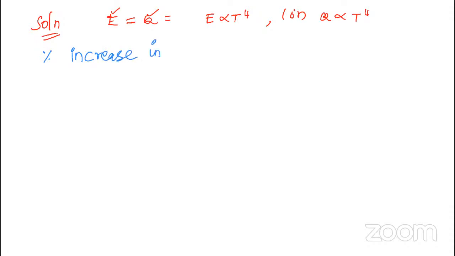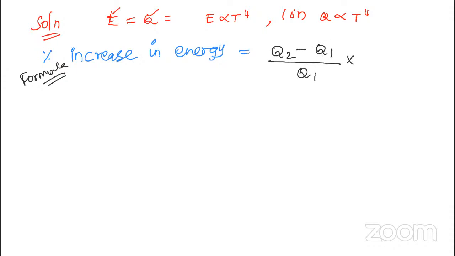The hot body temperature is increased 50 percentage, so how much will the energy increase, that's the question. To calculate the increase in energy, the formula is Q2 minus Q1 divided by Q1 into 100.